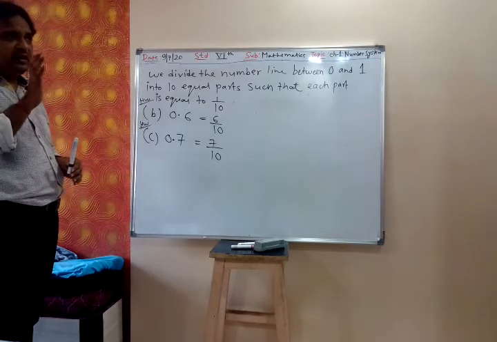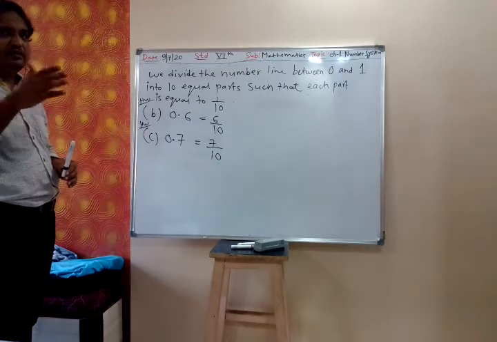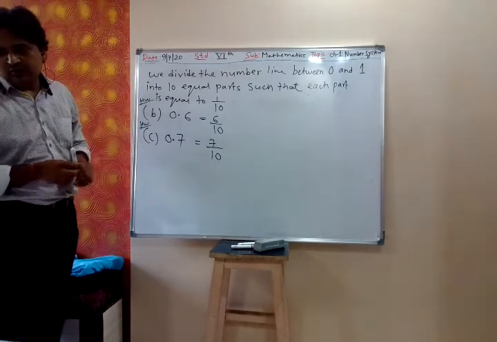Whatever is there in the denominator, that number of equal parts you have to divide. Now B and C are homework.